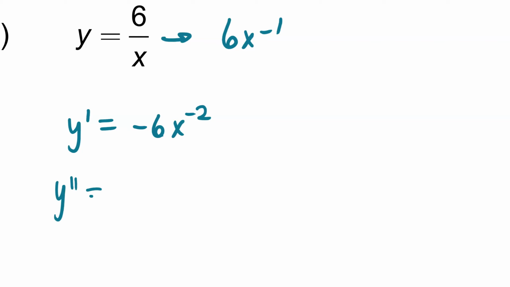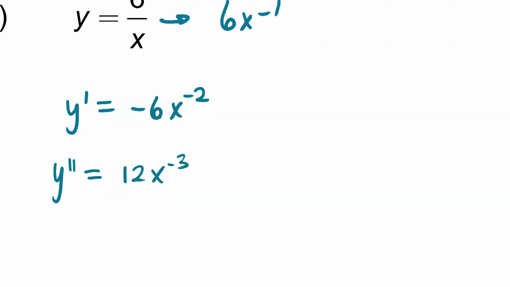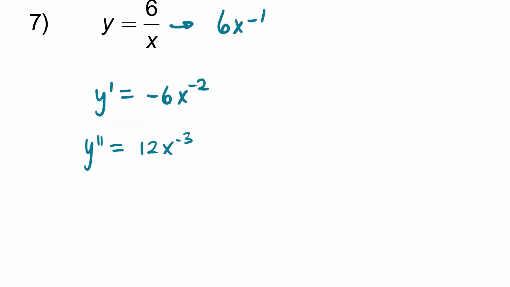Take the derivative again. 12x to the negative third. So you just keep moving, keep multiplying by the old exponent, and then subtract 1 from your exponent. The third is negative 36x to the negative 4. And then the fourth derivative is positive 144 times x to the negative 5.